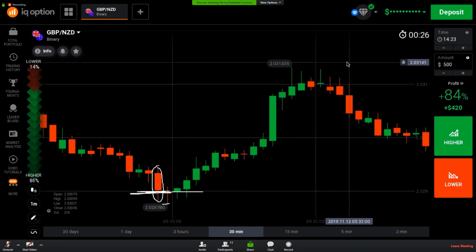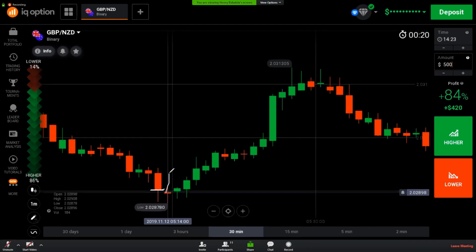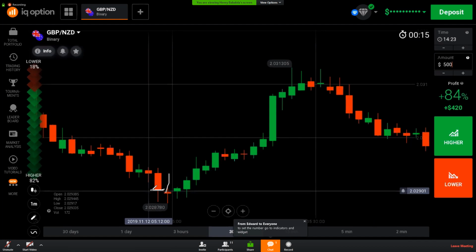The mistake many of you make is that if this candle is closing above, you think the next candle will go up. No. Don't trade just because the candle closed above your SNR area or above the level.